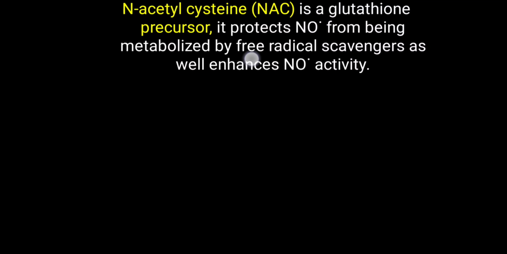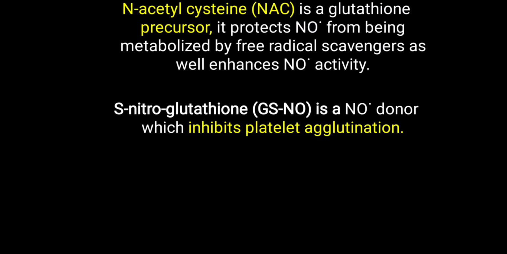Basically, nitric oxide is produced with the help of the nitric oxide synthase enzyme, but with the glutathione precursor N-acetylcysteine, this nitric oxide is protected. So it protects nitric oxide from being metabolized by free radical scavengers and enhances its activity.